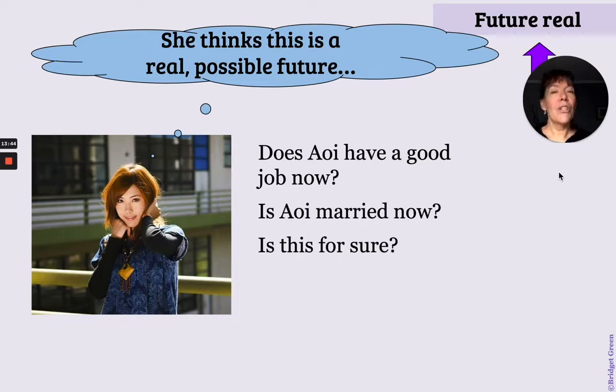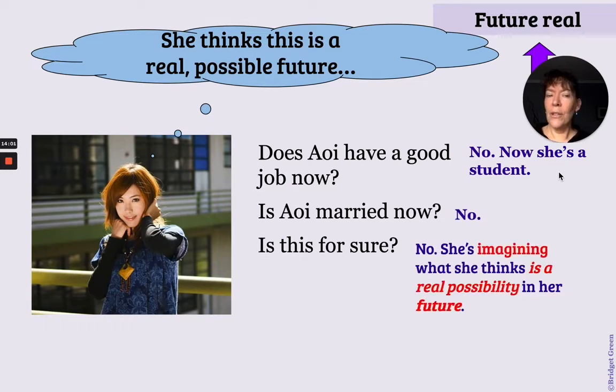Does Aoi have a good job now? Is Aoi married now? Is this for sure? Let's check. She does not have a good job now. She's a student. Is she married? No. Is this for sure? No, but she's imagining what she thinks is possible in her future.